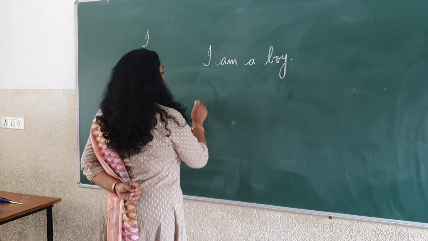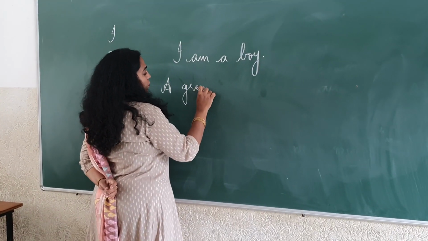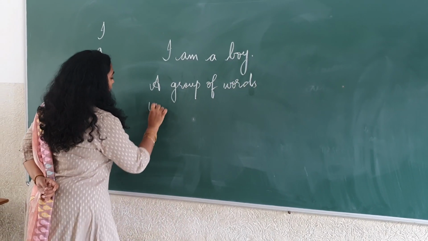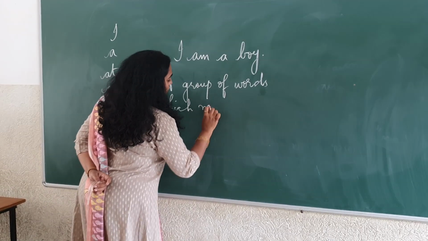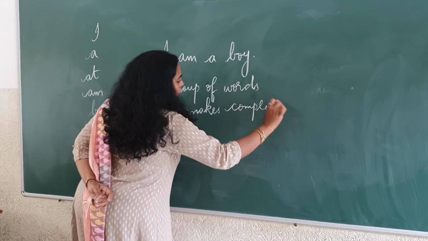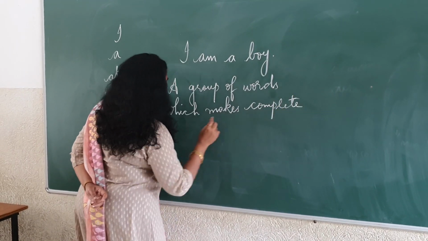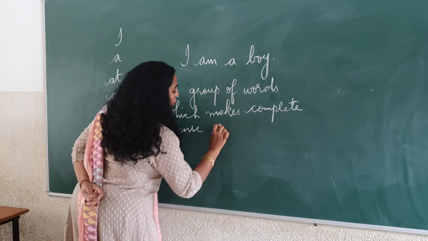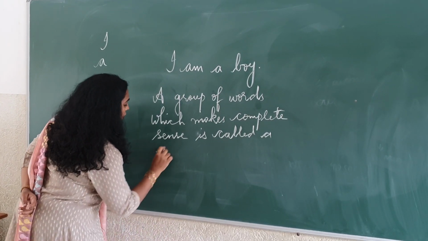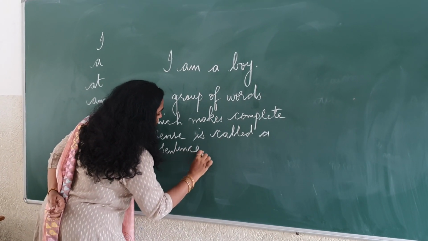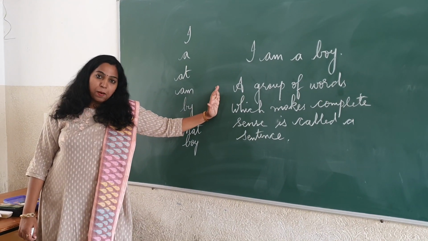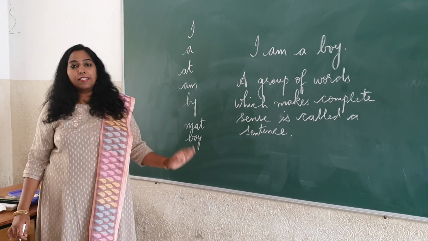So, a group of words which makes complete sense is called a sentence. Yes, children? You agree with me? Yes? Okay. A group of words which makes complete sense is called a sentence.